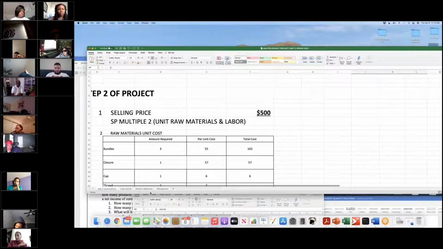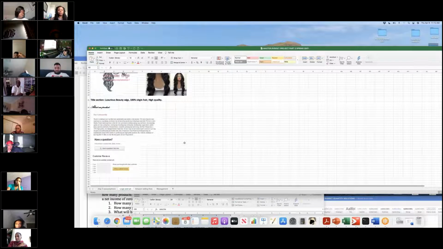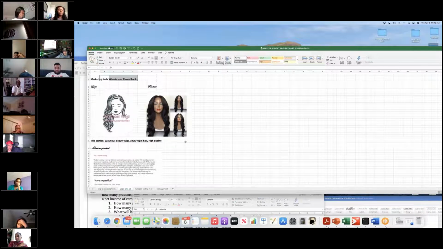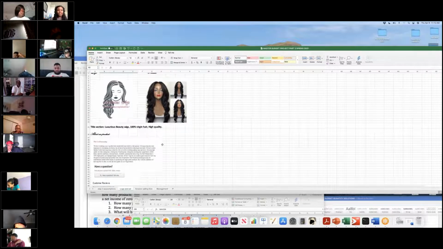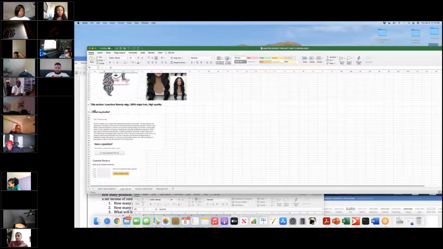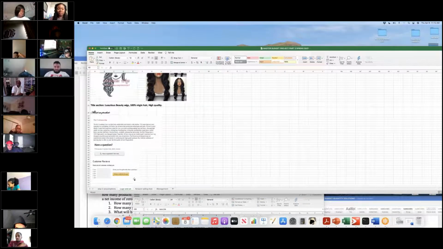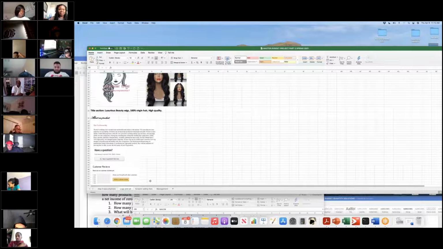Now, when you do step 2, there are several things you have to do. First of all, you have to create an ad that you would utilize in Blackboard, like on Amazon. So you go through and create this ad about your product: a nice picture, reviews, and all of that, your logo and everything.